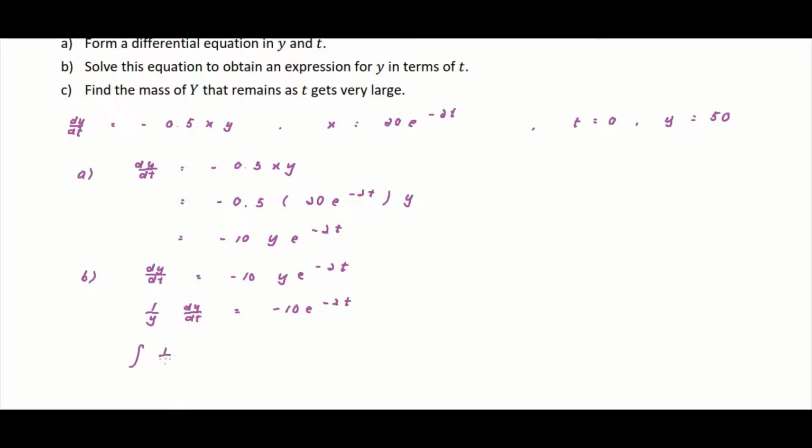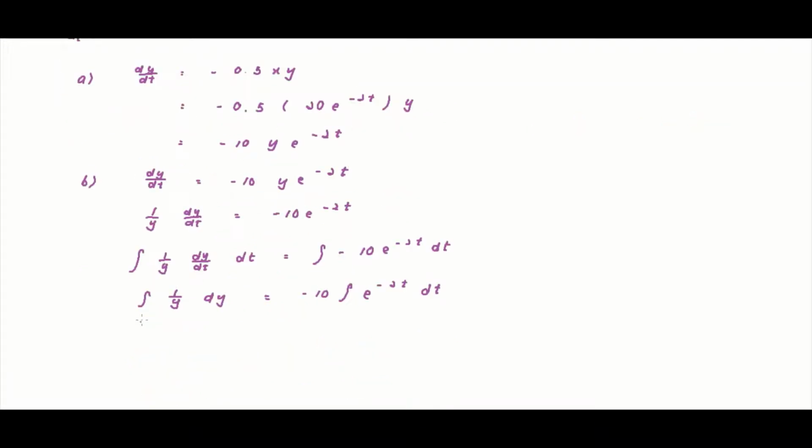So the integration with respect to t. Okay, I encourage you to try it on your own also for this part. Then you can watch this at 2 times speed when you check your answer. Okay, so we move on.